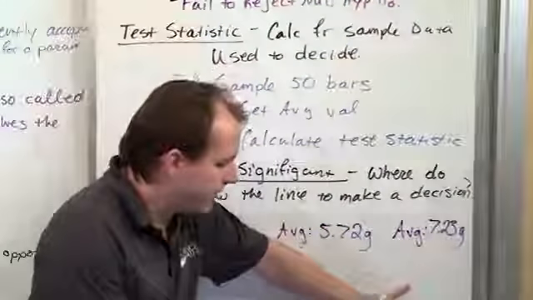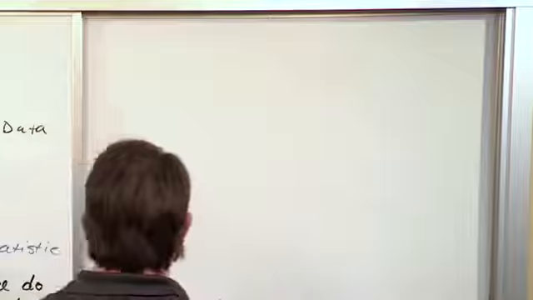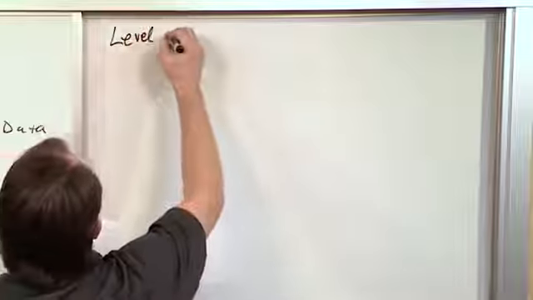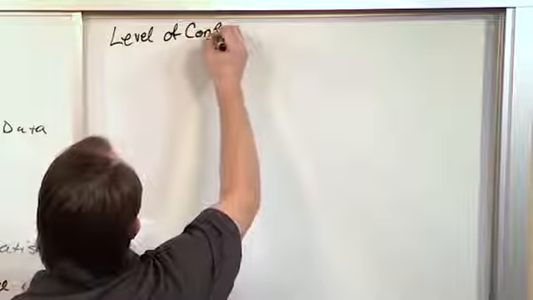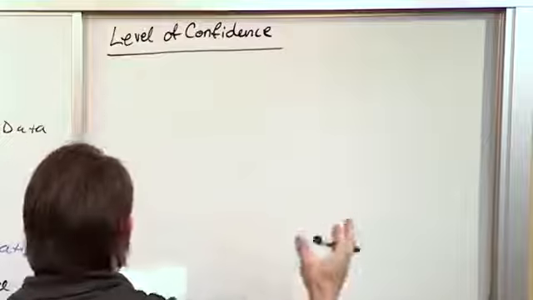All right, so let me go to the next page and rewrite something that you've seen before in the previous sections. We've talked about this a lot before, but the level of confidence. We've done this, obviously, with confidence intervals. It's exactly the same thing.